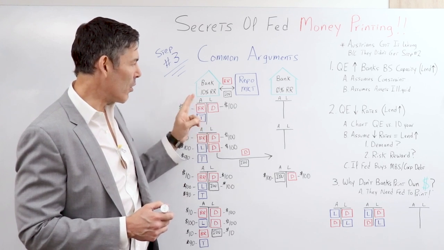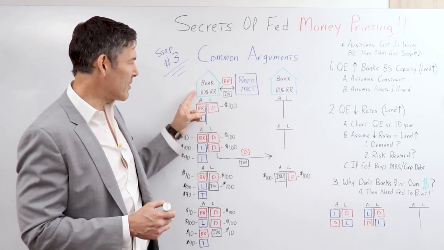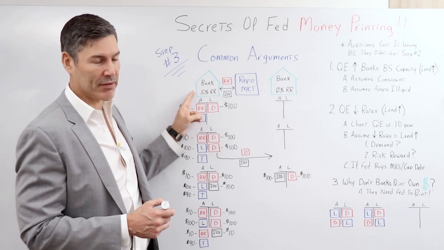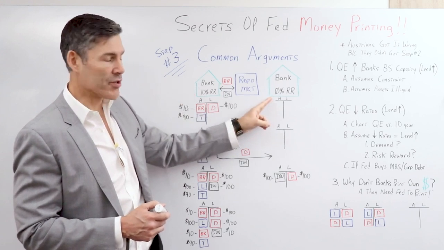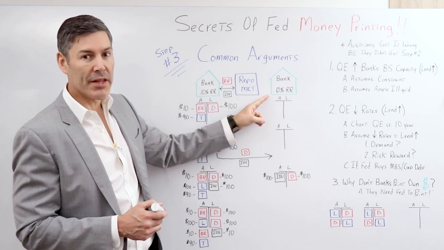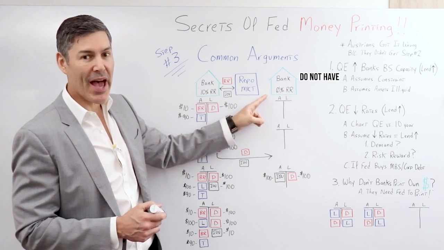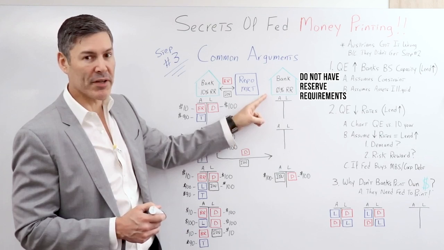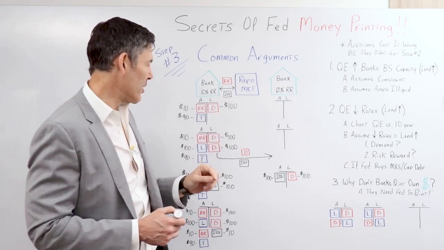But now we need to understand that all of these banks have relationships or subsidiaries with banks outside of the United States, and these banks do not have reserve requirements. And this is important. Let's check this out.